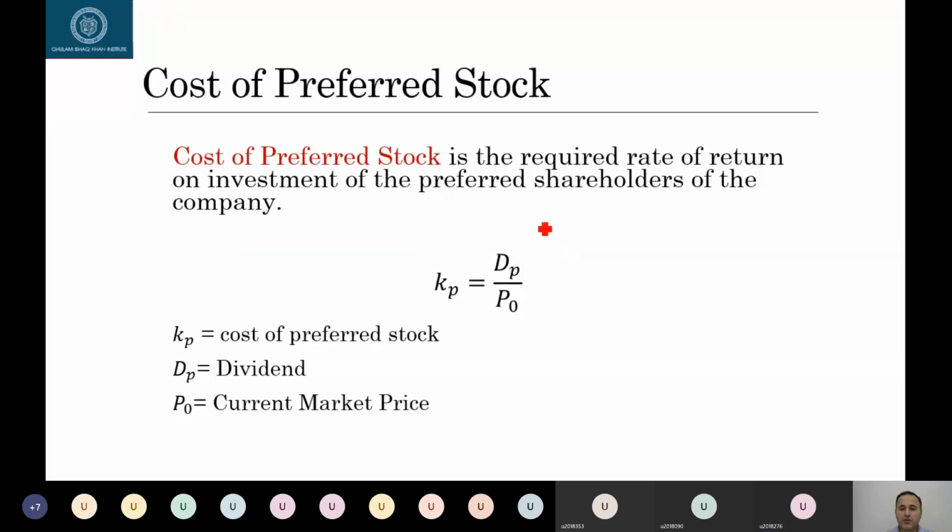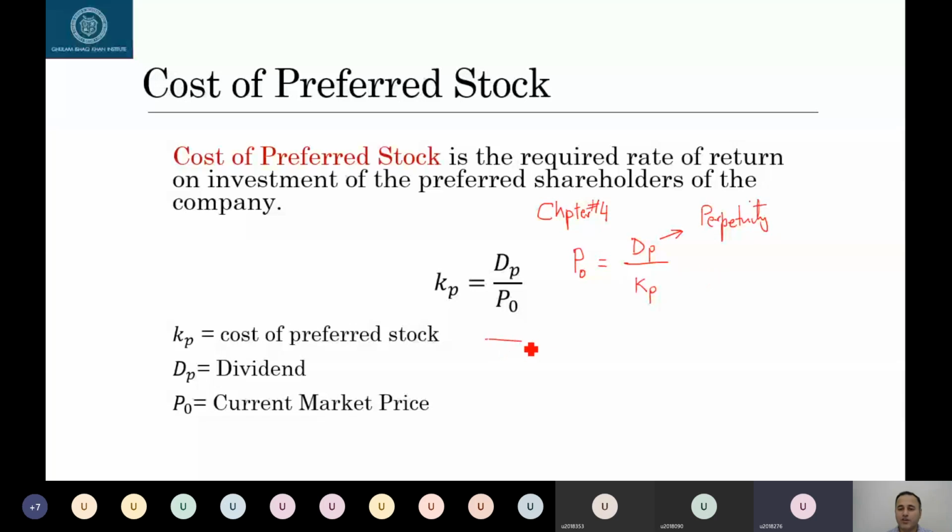If you remember from chapter number 4, how did we put a price on preferred stock? It was P0 equal to DP, which is the dividend of the preferred stock, divided by KP. And why this formula? Because it is like a perpetuity.